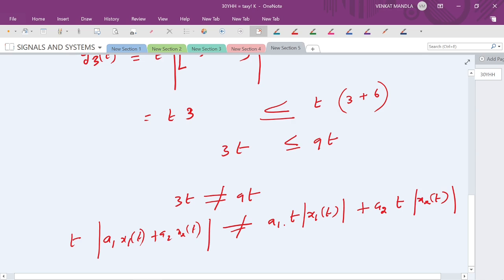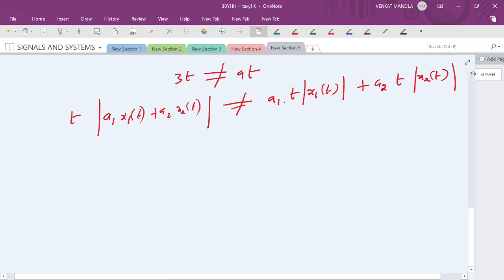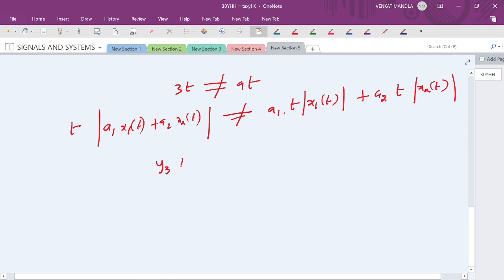That is, y3(t) is not equal to a1 y1(t) plus a2 y2(t). So this is non-linear.